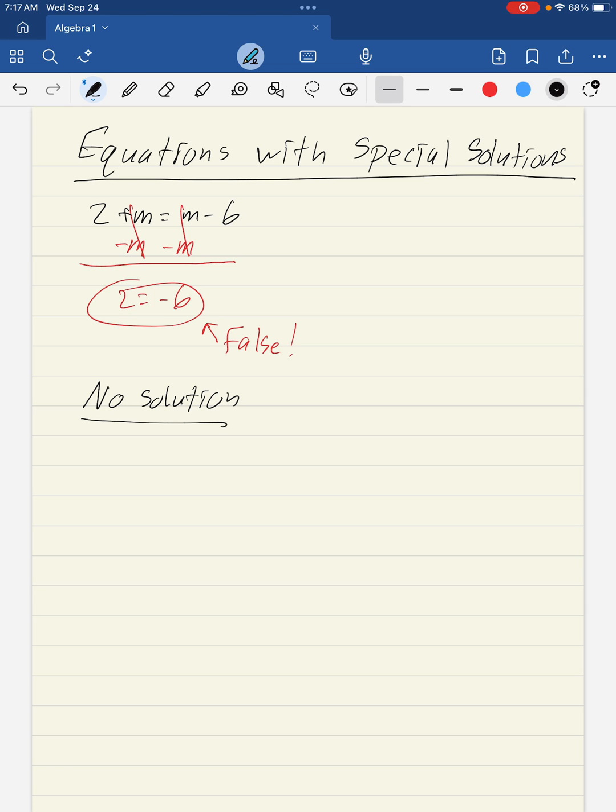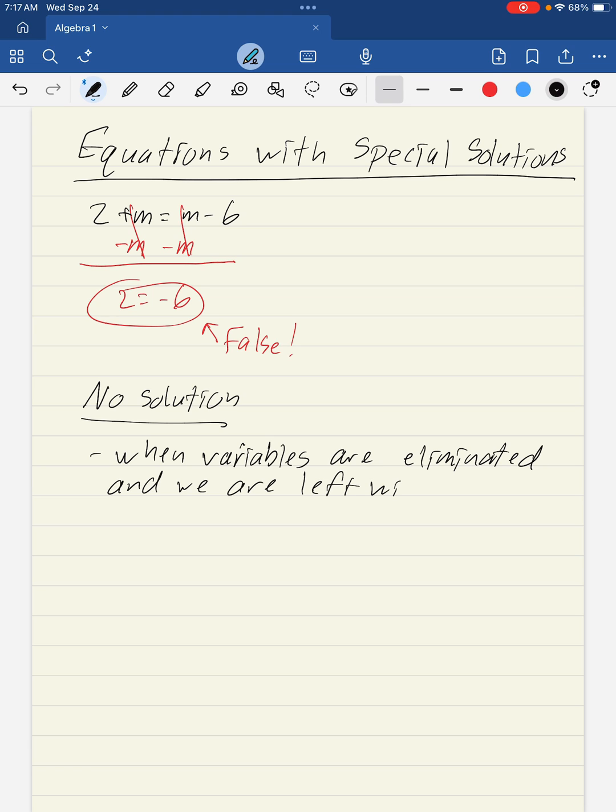And usually, you're going to see no solutions when variables are eliminated and you're left with a false statement. And again, 2 equals negative 6 is an example of a false statement.